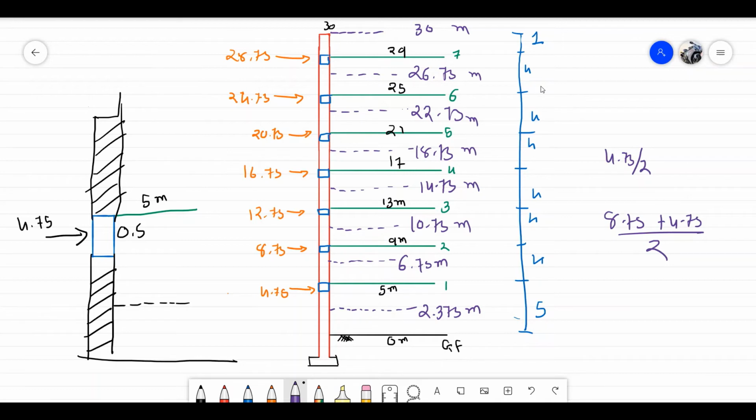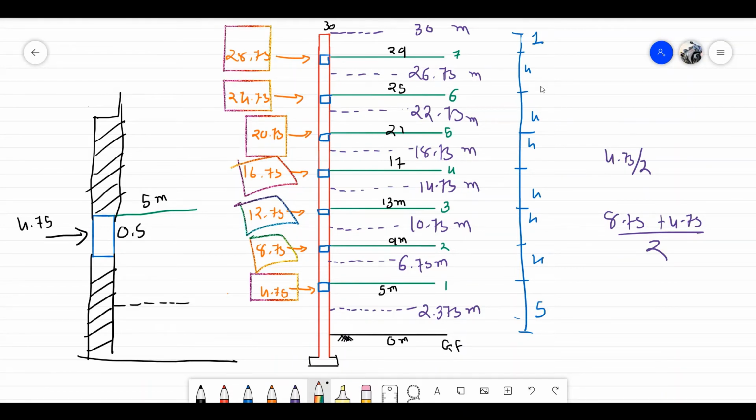Now we will find out the load on the nodal points at 4.75, 8.75, 12.75, 16.75, 20.75, 24.75 and 28.75. We have to find out a force on these nodal points. I hope you understand how I calculate this. Okay. Now we are going on to PDF. Shall we go?